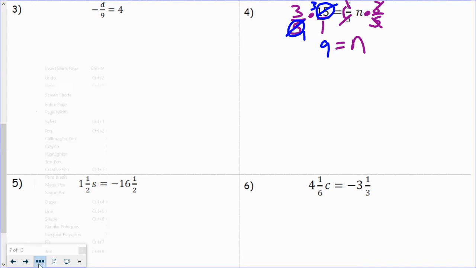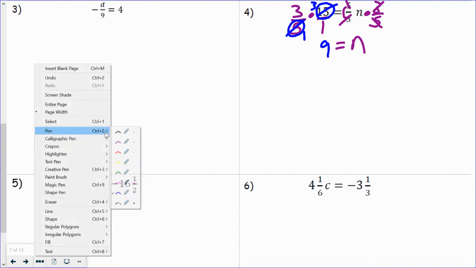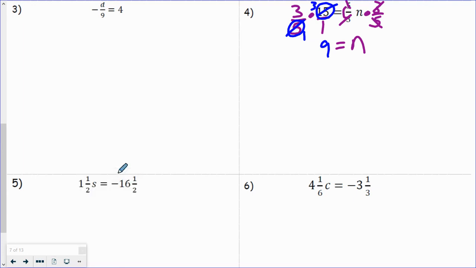Now, that's only part of the work that you should be showing, because on each of these, you need to be showing that you are checking your work. Remember, you check your work, rewrite the equation, replace x with your solution.